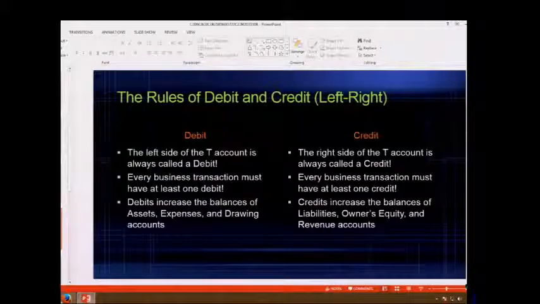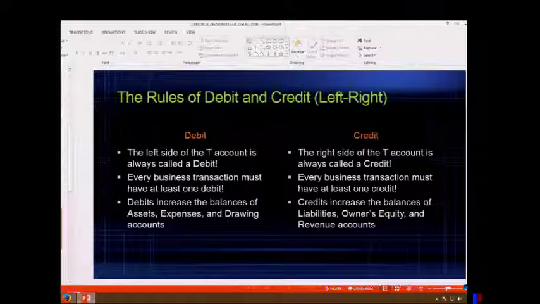All right. So, the rules of debit and credit. We talked about this. It just means left and right. Online, some of the sites I found actually called it the rules of left and right. And it means the same thing, right? Debit is left, credit is right, okay? Debits are always the left side of the T account. Every business transaction must have at least one debit.